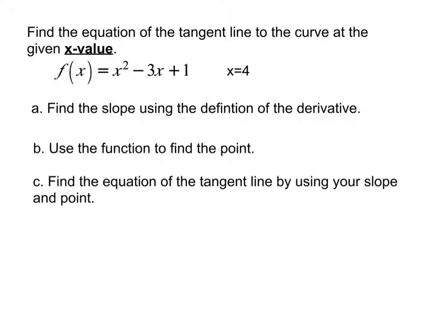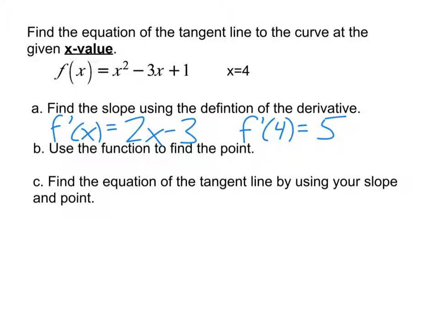You'd show all the work to get there, but to show what you should be ending up with at the end, you should be finding that f prime of x equals 2x minus 3. And so if f prime of x equals 2x minus 3, then we can plug the 4 in there. So we're finding f prime of 4. That is the slope at 4. And when we do that, we should find that it gives us 5. So the slope of our tangent line here should be 5.